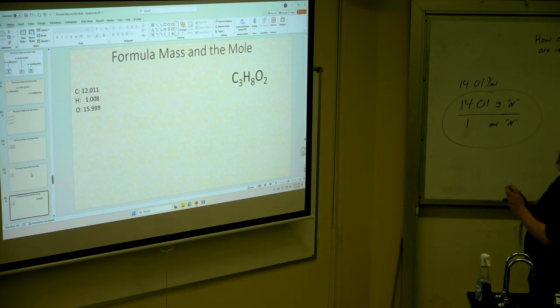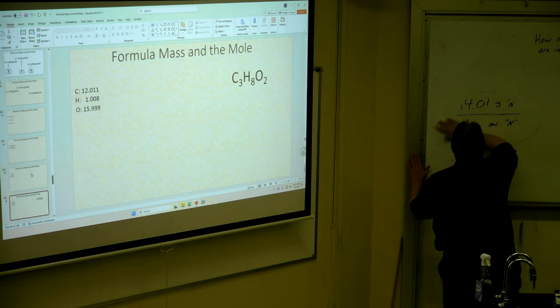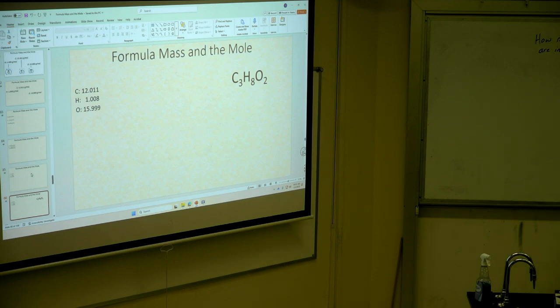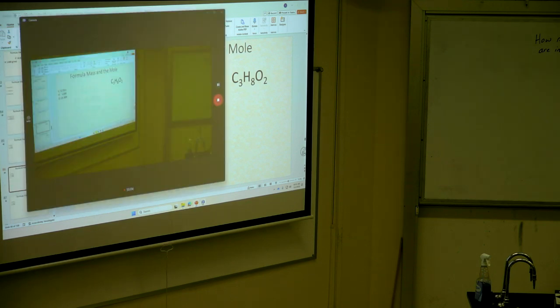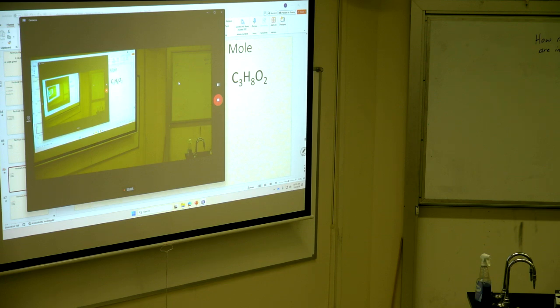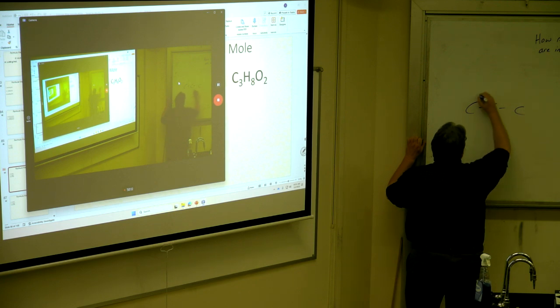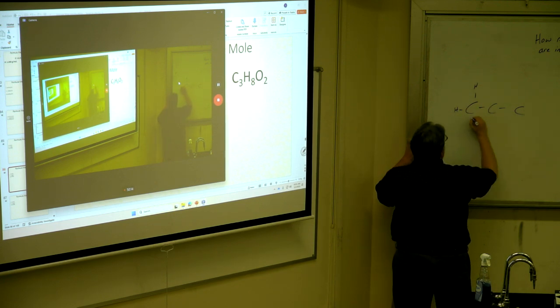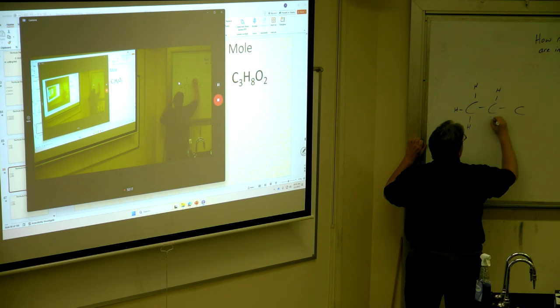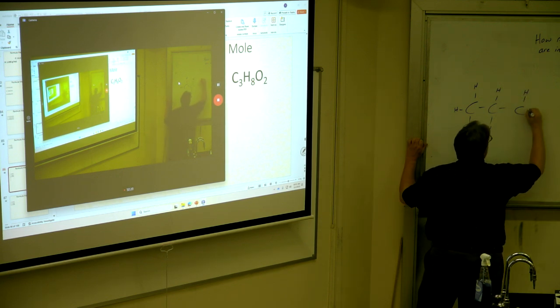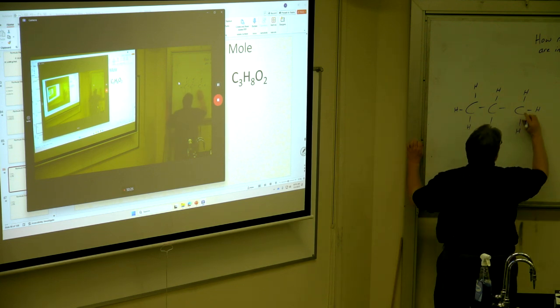Here's a molecule, C3H8O2. I think the only thing I want to do on the board, C3H8O2, that implies this: C3, H8, O2.